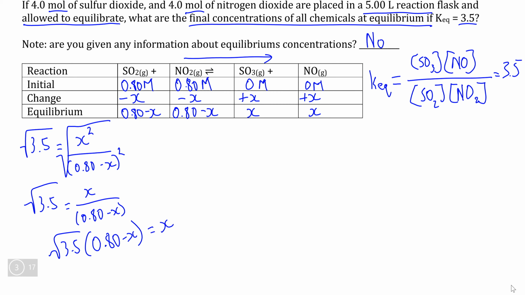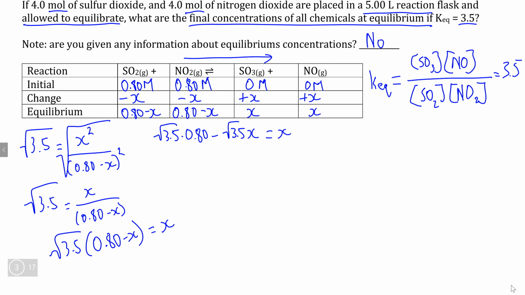From here, in order to isolate X, we need to expand this outward. So root of 3.5 times 0.80 minus root of 3.5x. Here, you'll notice that I'm not putting this number into a calculator because we don't want to round until the very final step, to remove any rounding error.